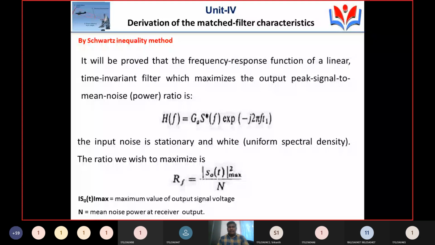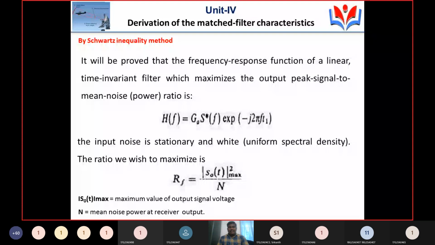So what we know, GA is nothing but gain, S conjugate of f is nothing but the complex conjugate of the input signal spectrum, that is the signal which is received by the radar. And e power minus j omega t1, t1 is the point where we are going to have maximum output. The peak signal will appear at t1.